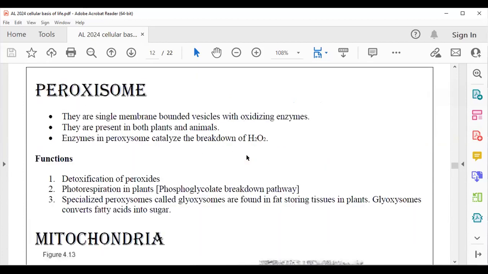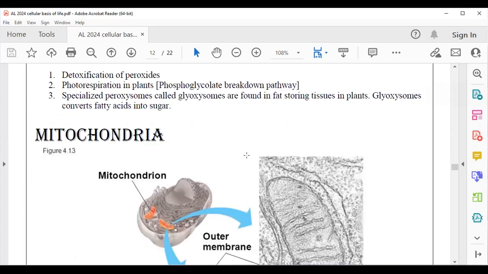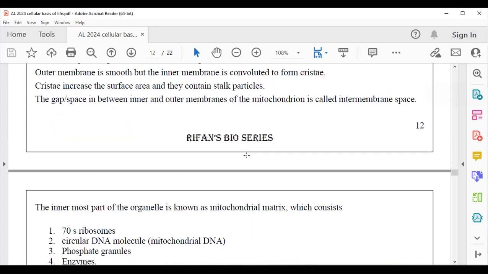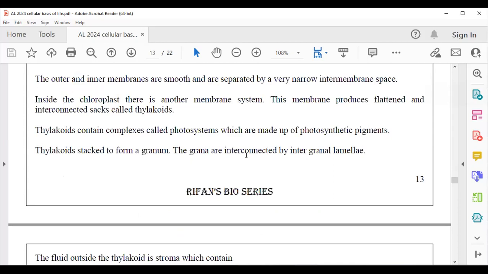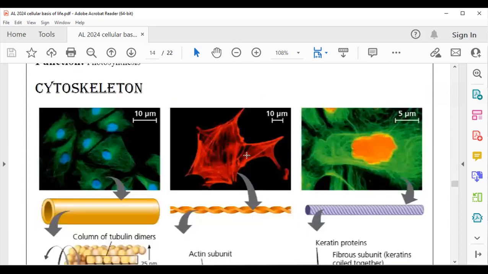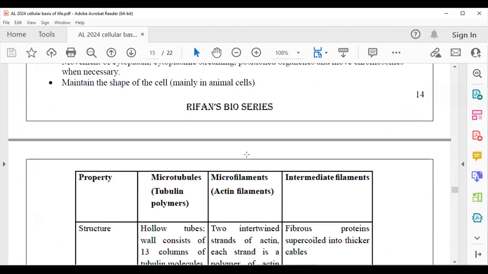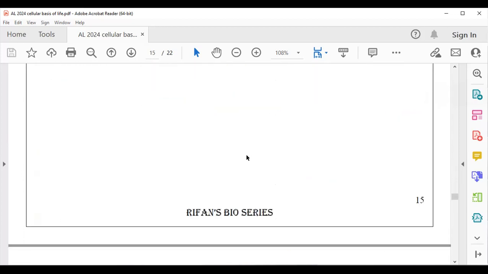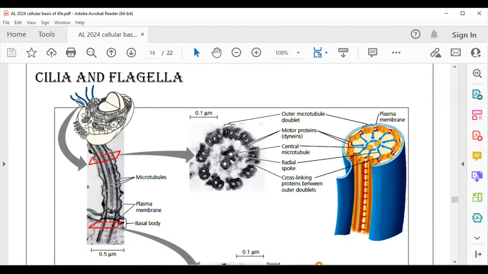Peroxisome, done. Mitochondria, done. Chloroplast, done. Cytoskeleton, done. Cilia and flagella, we have to start that.